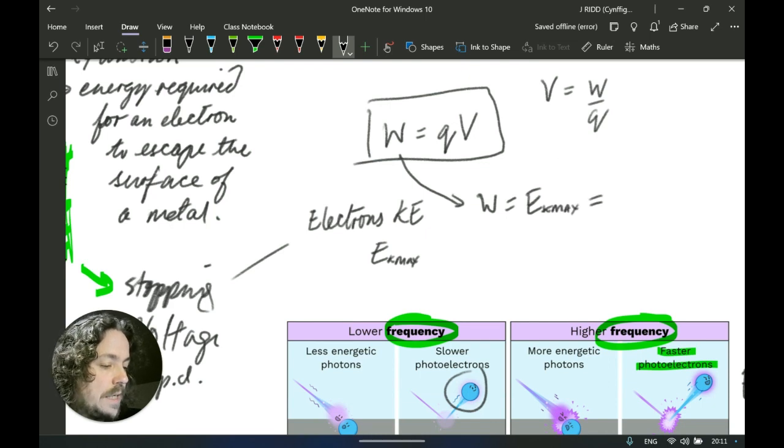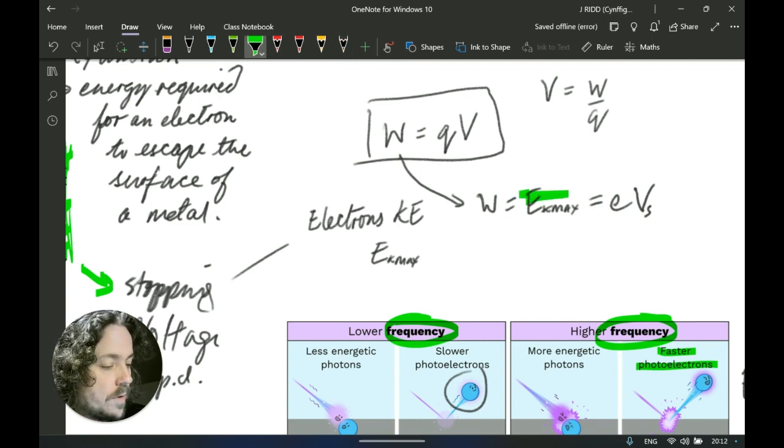And that must be equal to the charge of an electron, Q, which is known as e, which is 1.6 times 10 to the minus 19 coulombs, times this stopping voltage that we need to apply. So we adjust the voltage so that no current flows, and when that happens, we know we've done exactly the right amount of work to negate the kinetic energy that the electrons have.